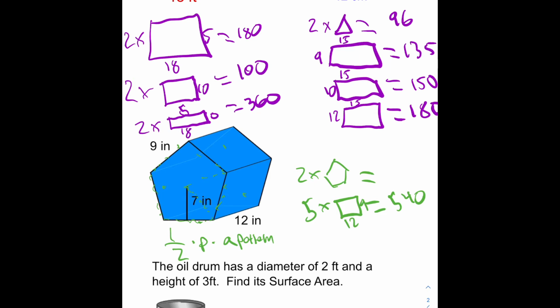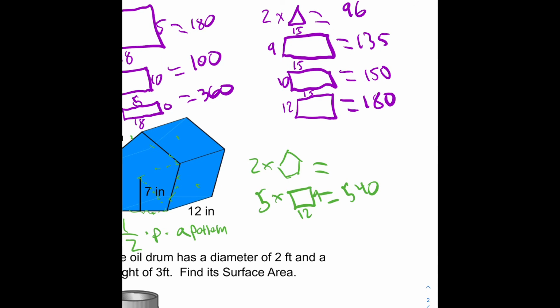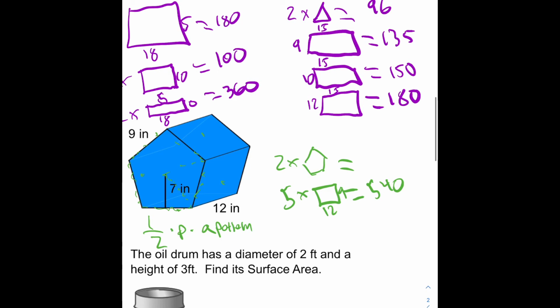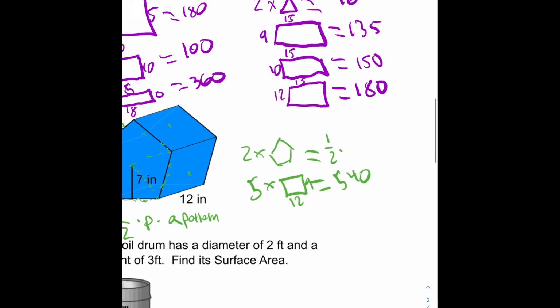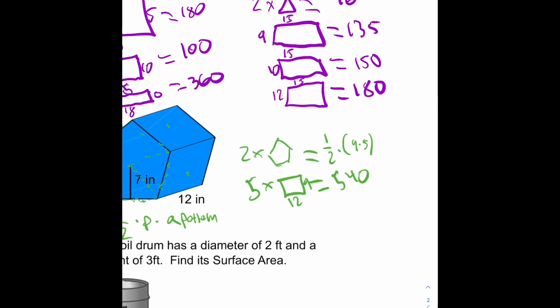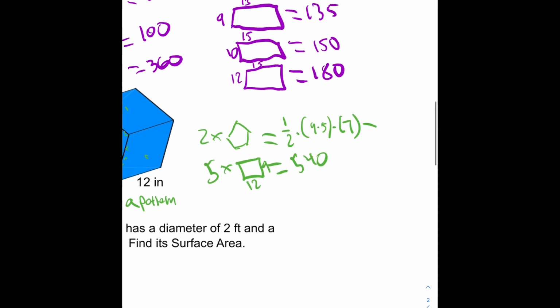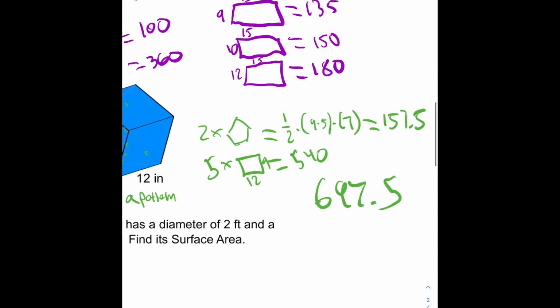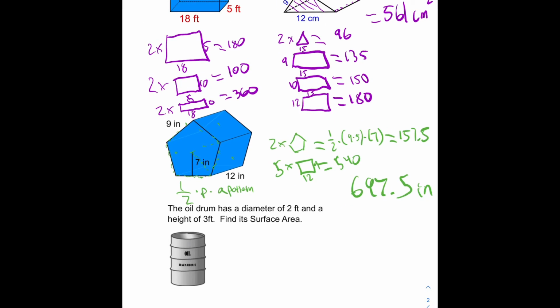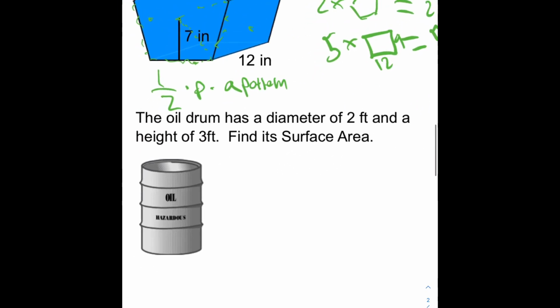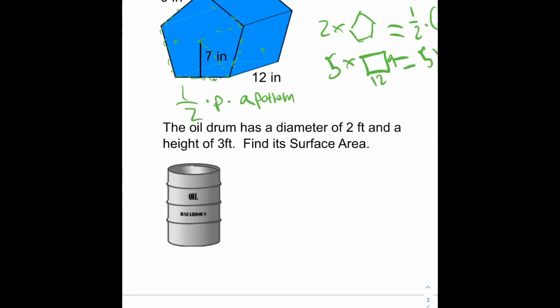So I'm going to multiply it by 7 and then divide it by 2. So 1/2 times my perimeter, which was 9 times 5, times my apothem, which was 7, gives me 157.5. So add that to 540 and we get 697.5 inches.